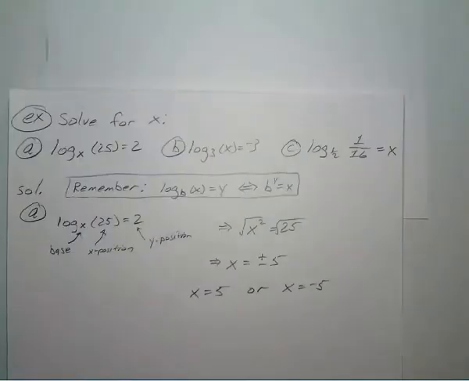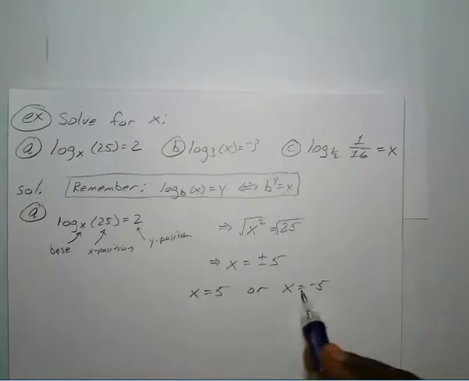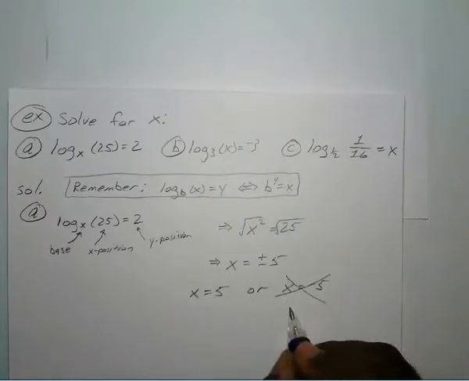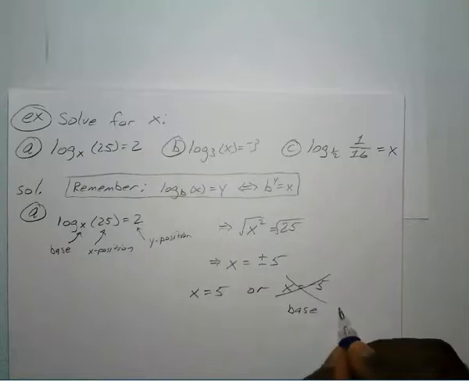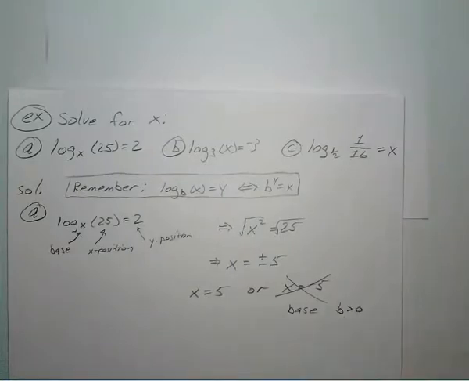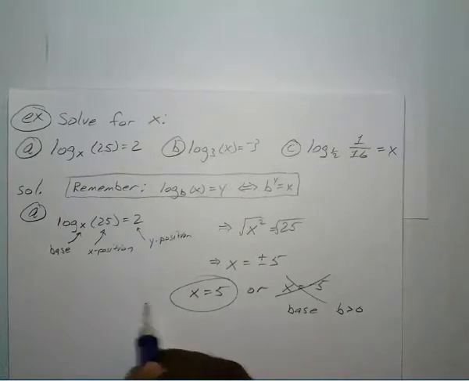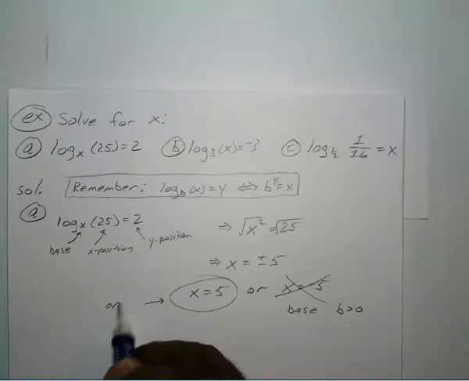So your base is the positive number. So we see here we can't use that because base b is greater than 0. So this is your only answer. x equals 5.